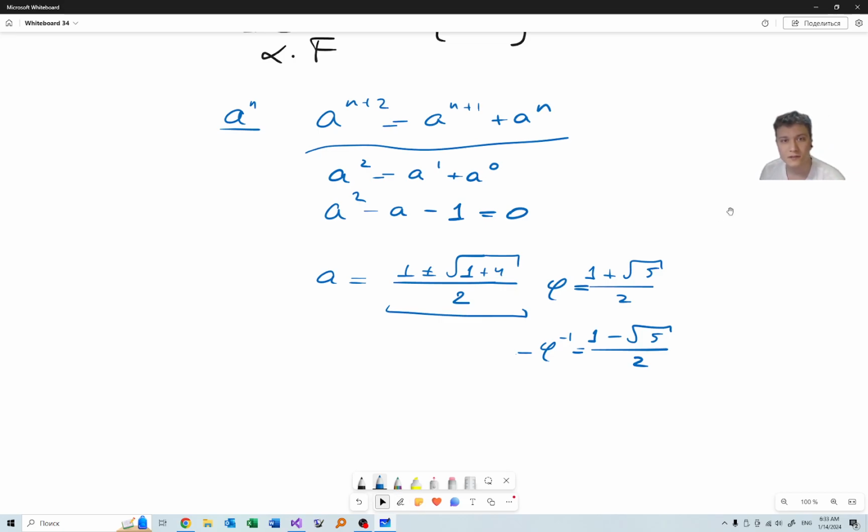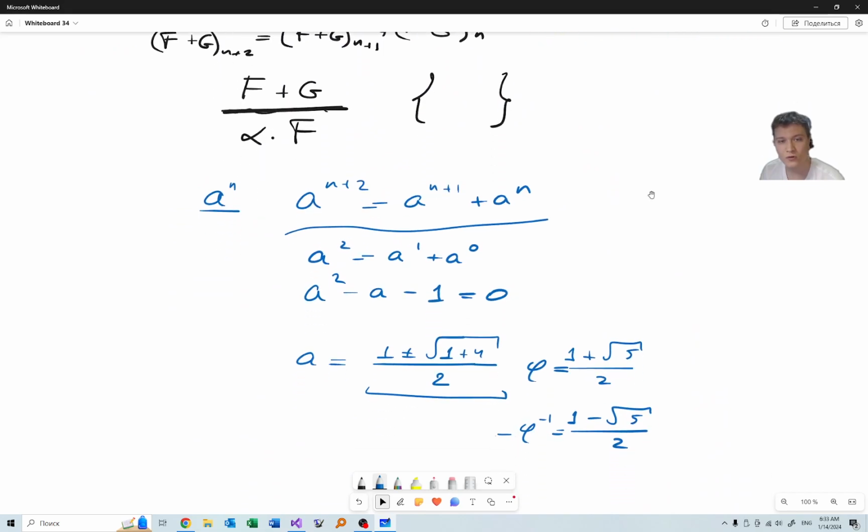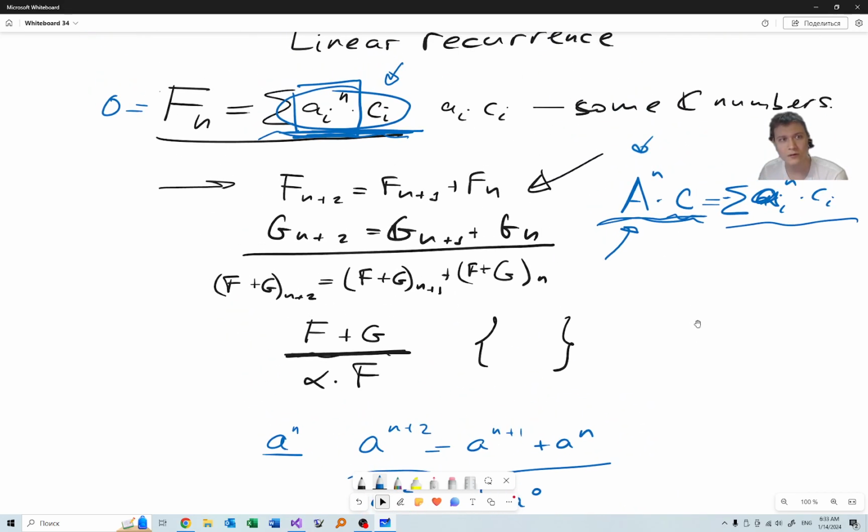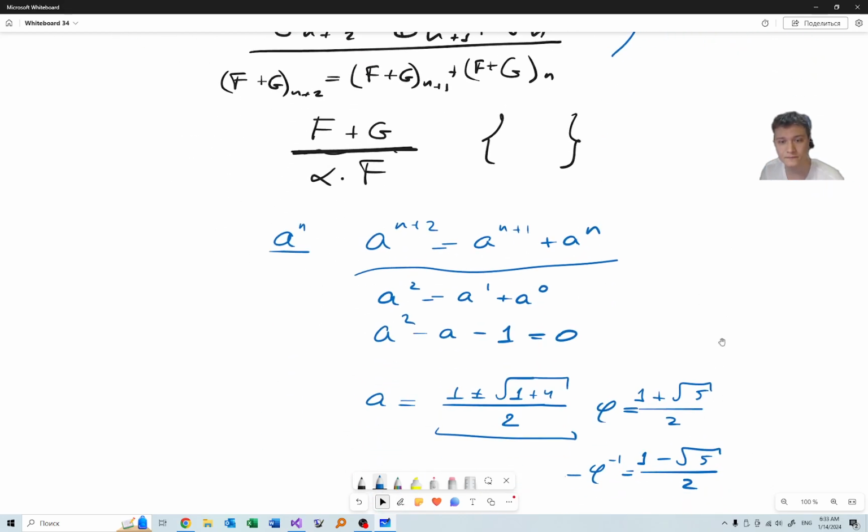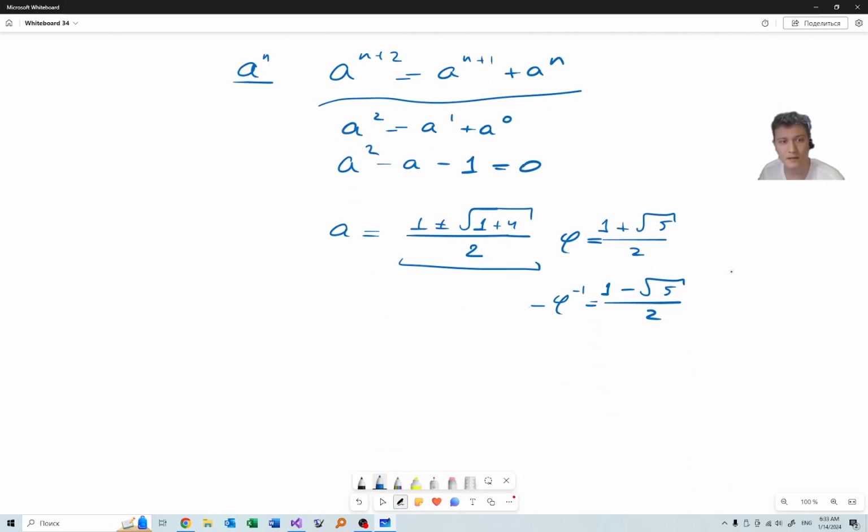Okay, so now when we know all the principal solutions of this recurrence, how do we find the coefficient Ci? Actually, to do that, we need to consider, I think it's called, initial conditions.